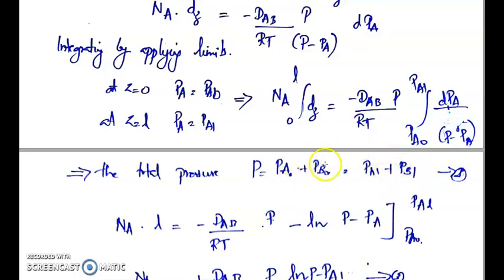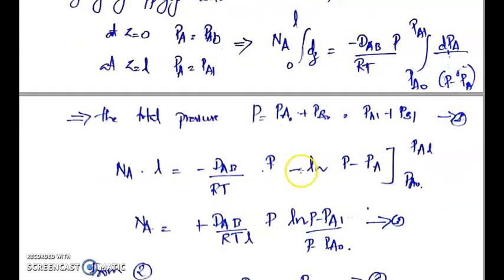The reason for this is the total pressure of the system will always remain the same unless the number of molecules changes. Here the total number of molecules are remaining the same. The only thing is it is diffusing from one location to another location, but it is still in the system. So the total pressure of the system will always be a constant and it will be equal to the sum of the individual partial pressures at that particular point or location.